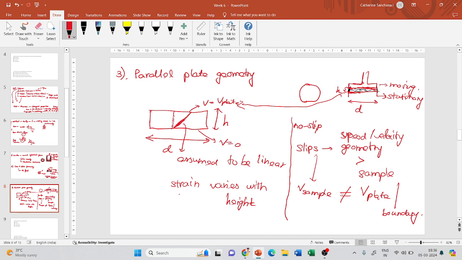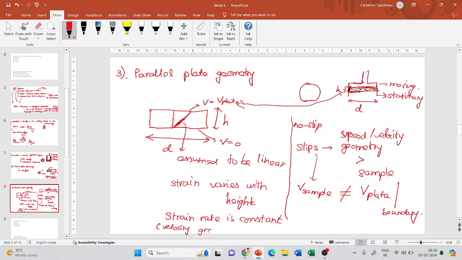Okay, but strain rate is constant. Why is it constant? Because I've assumed that the change in velocity is linear. The velocity gradient is linear.